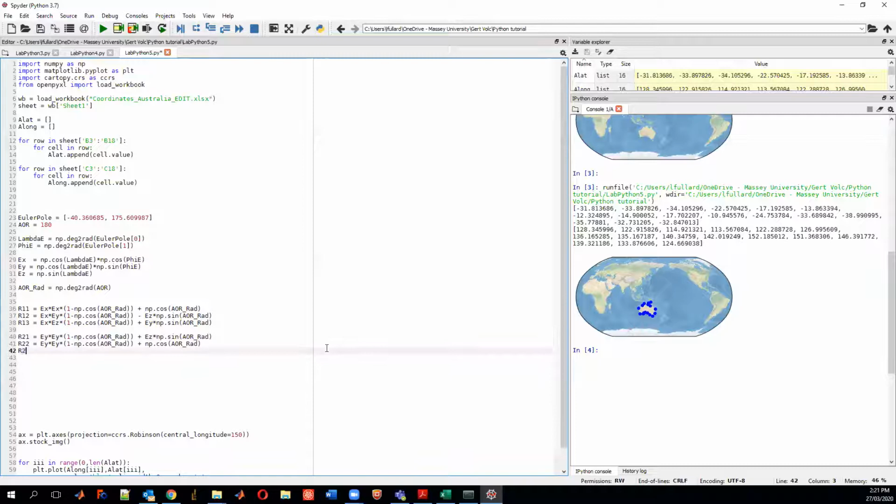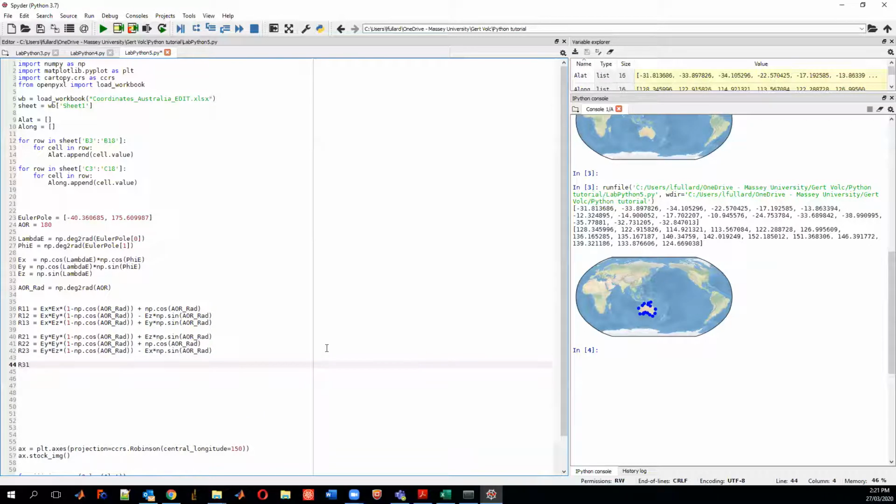But anyway, R23 is equal to EY times EZ times 1 minus numpy.cos(AOR rad), minus EX times sin(AOR rad).